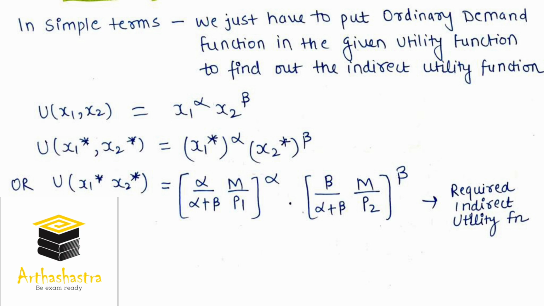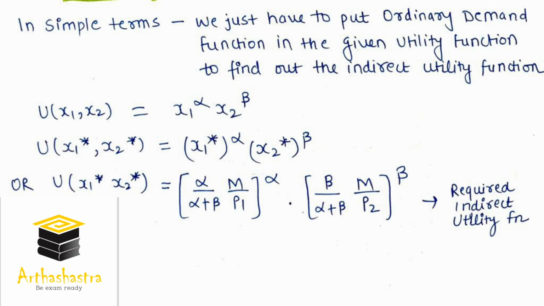So we substitute them: x1 star raised to the power alpha, x2 star raised to the power beta, or we can write it as u, a function of x1 star and x2 star, as alpha over alpha plus beta into m by p1, whole raised to the power alpha, times beta over alpha plus beta into m over p2, whole raised to the power beta.